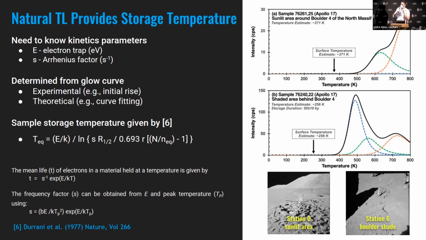The two really important parameters here are the electron trap, which you can see as an activation energy for when these electrons will fall out of their trap, and the Arrhenius factor, which is basically the probability of the electrons wanting to get out of that trap. These are the two things we have to determine to understand how TL is decaying away over the years in these lunar samples.